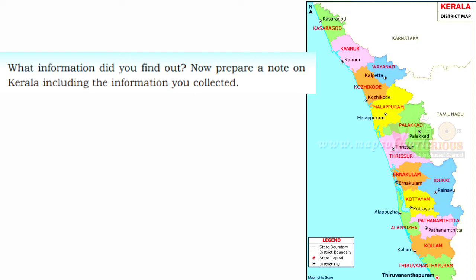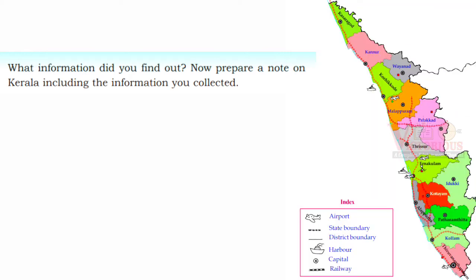Arabian Sea on the west, Karnataka on the northeast, and Tamil Nadu on the southeast. There are airports in Trivandrum, Ernakulam and Malappuram districts in this map. All districts have got railway line except Wayanad and Idukki. 2 harbors are there, one in Ernakulam and the other in Kozhikode. Ernakulam is the industrial capital of Kerala.